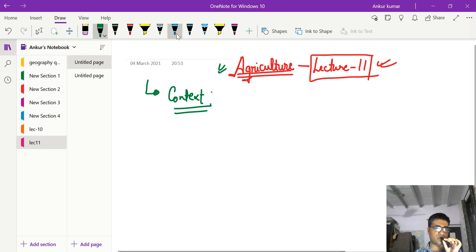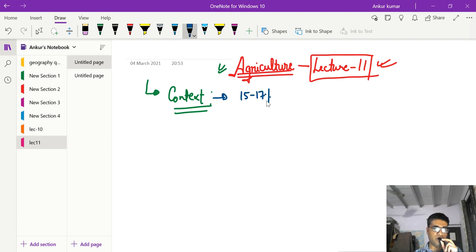A little bit of context. It is appropriate to say that agriculture, even though it contributes just 15 to 17% of GDP, employs close to 60% of India's population. And by agriculture here, we do not just mean the cultivation of crops or plantation agriculture.